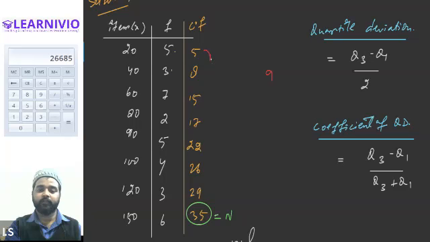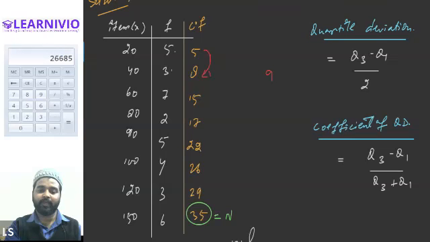After 5, correct. And will 9 fall after 8 or within 8? After 8. After 8, we can see there is no 9. Instead, it is directly 15 given here. So that means 9 will be somewhere within 15 itself.